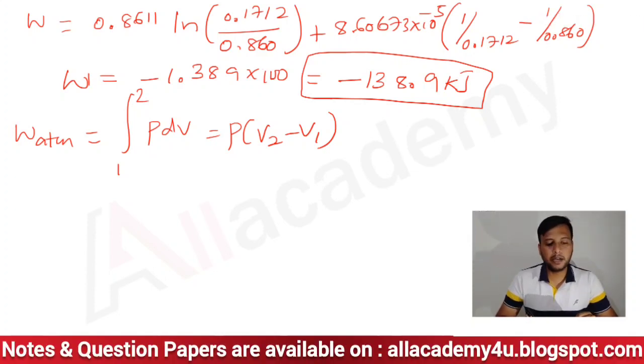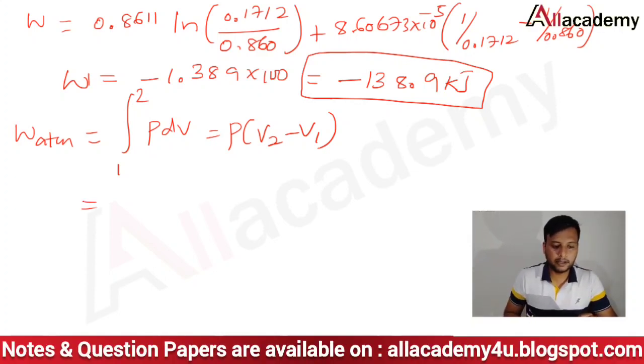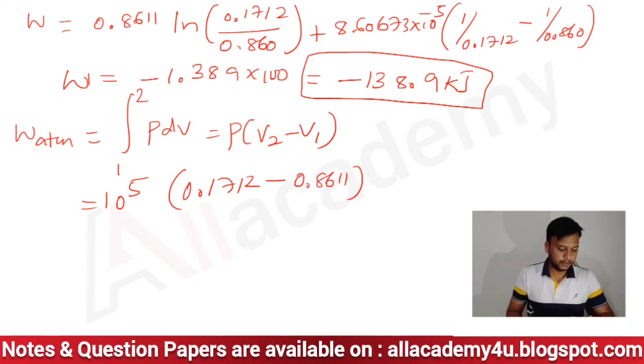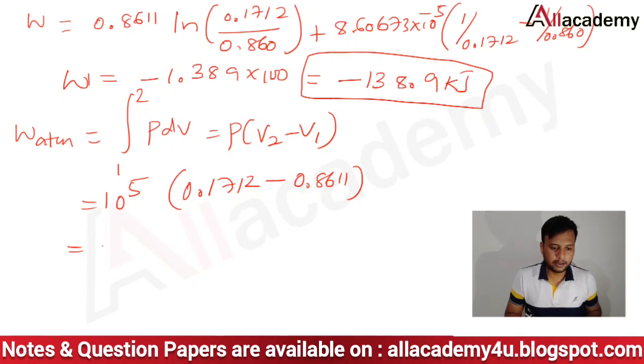Now P is the 1 bar atmospheric pressure, so I will directly write it as 10 raised to 5, then 0.1712 minus 0.8611. So the answer you will get is minus 68.9 kilojoules.